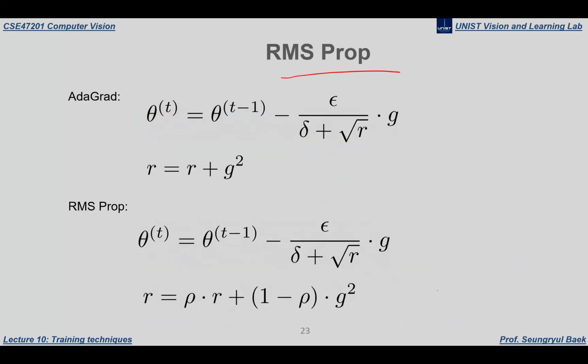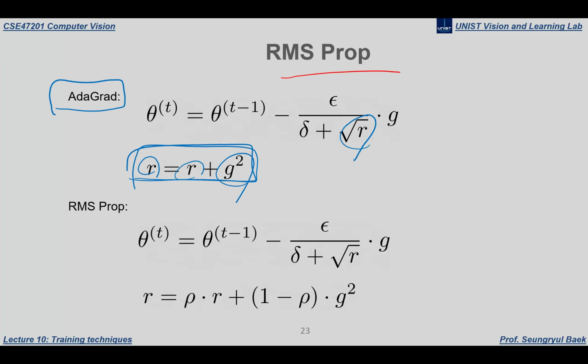But there's one problem in AdaGrad. If we accumulate these R values with the square of the gradient, then this becomes saturated fast. So after a few epochs, this becomes already big, and therefore these values are close to zero.